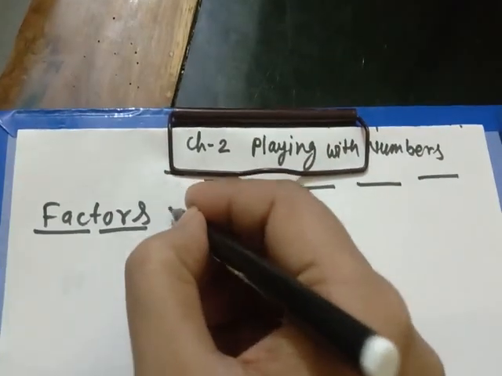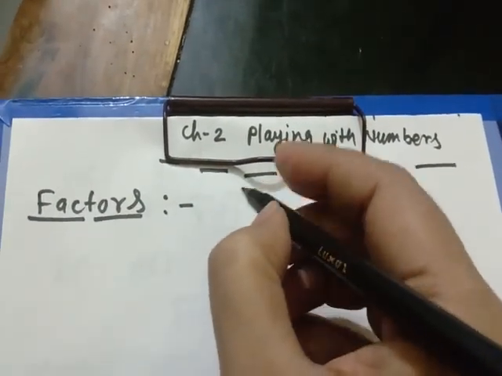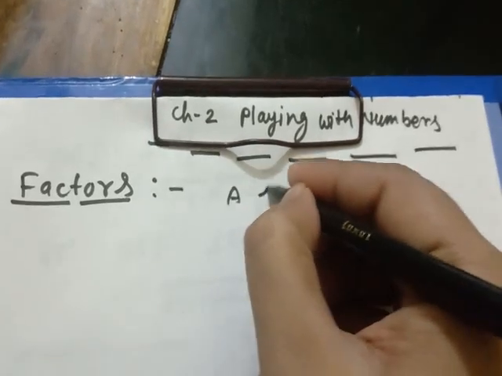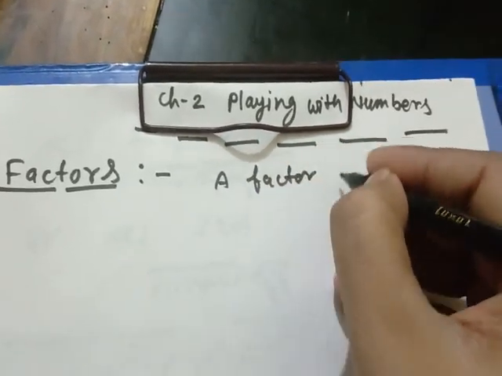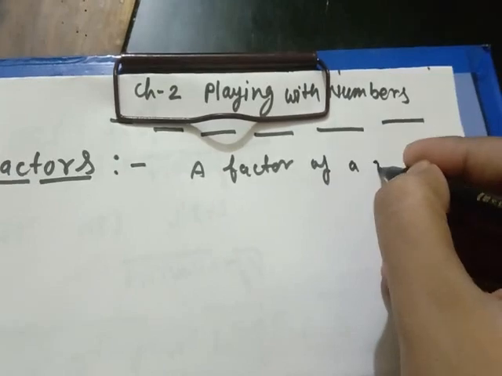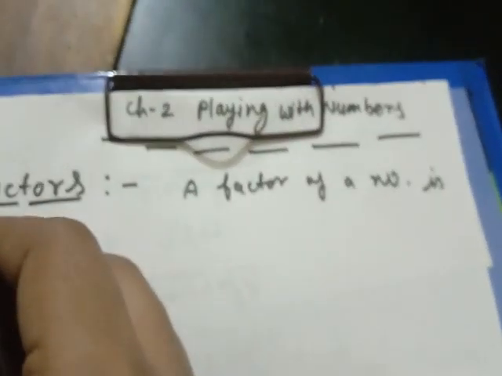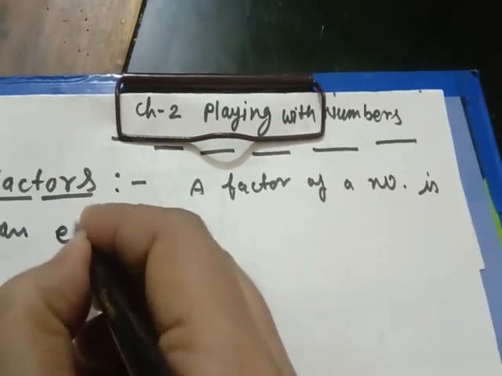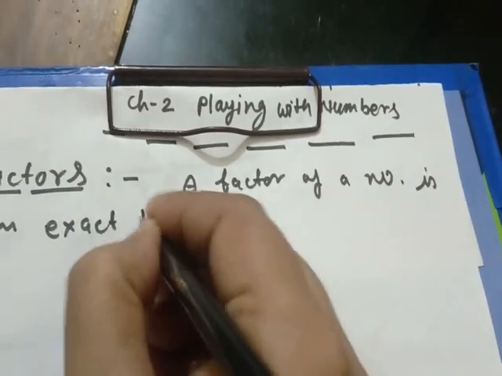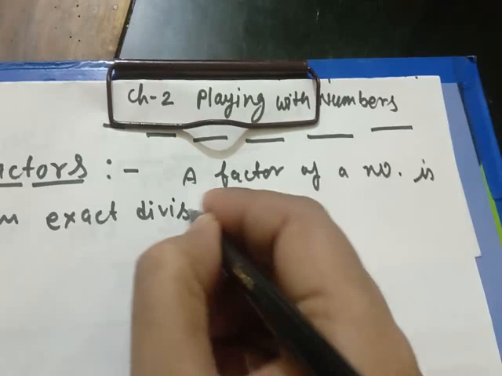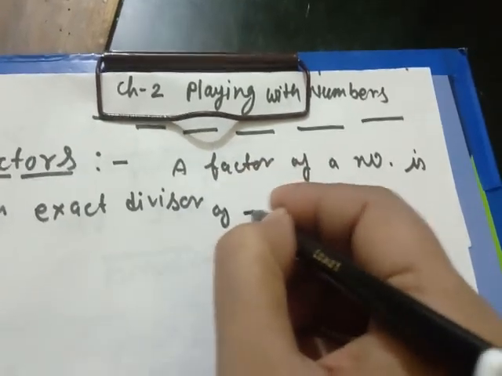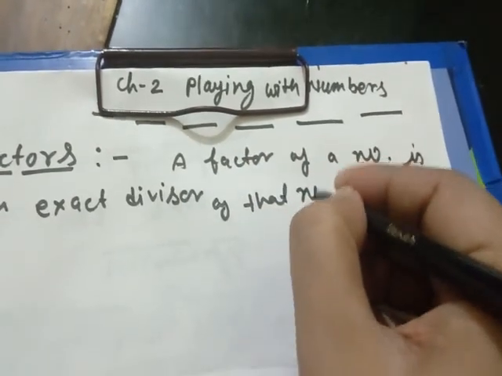What are factors? A factor of a number is an exact divisor of that number.